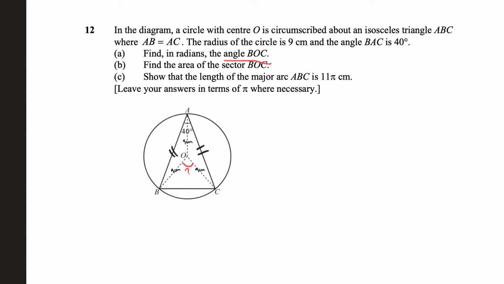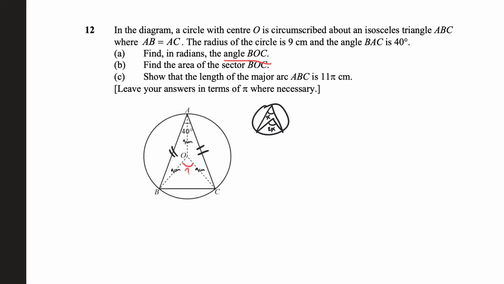Okay, so let's jump right in. The first thing that comes to mind is that there is a property which states that the angle at the center equals 2 times the angle at the circumference. So if this is x, this is 2x.